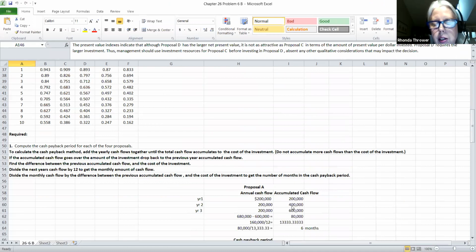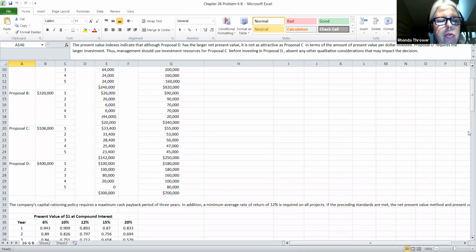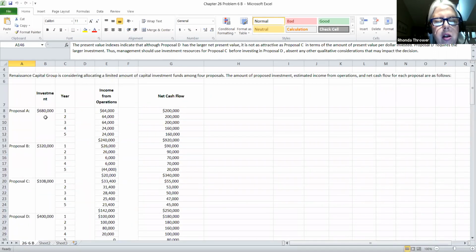I'm going to add that to the accumulated cash flow from year 2, and that's going to bring us to a total of $600,000 as accumulated cash flow at the end of year 3. That $600,000, you'll notice, is getting close to the cost or the investment amount, which was $680,000. So now we're going to look at year 4's cash flow.